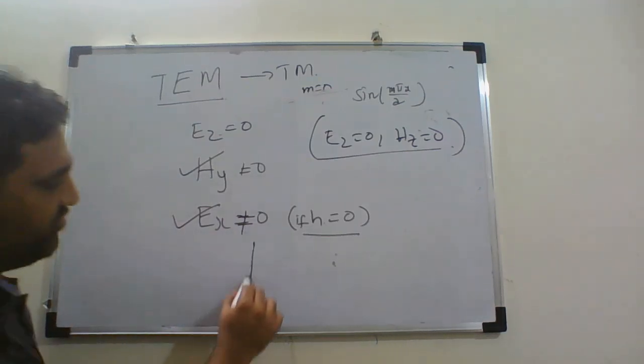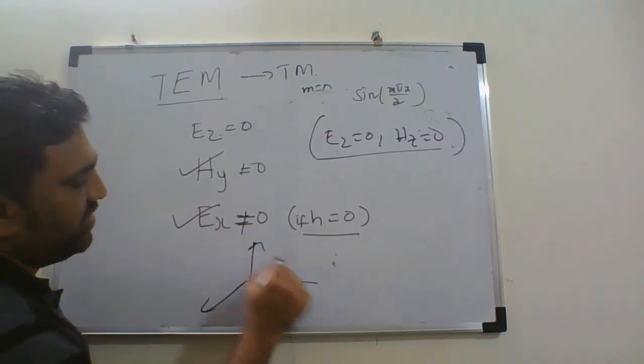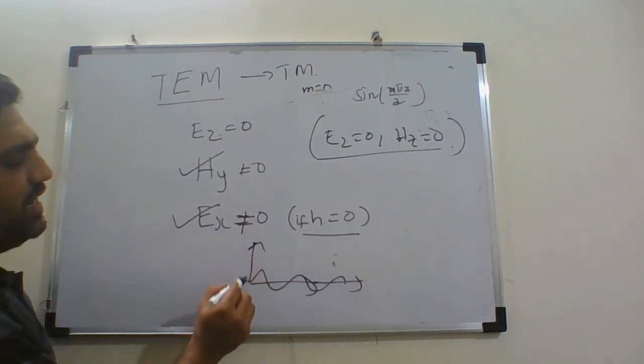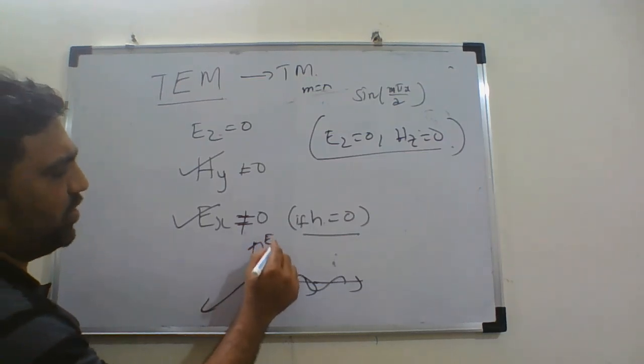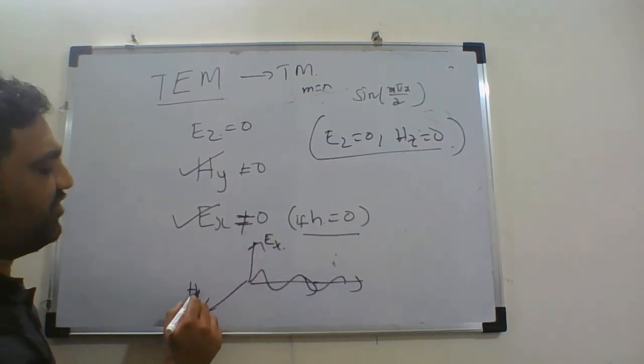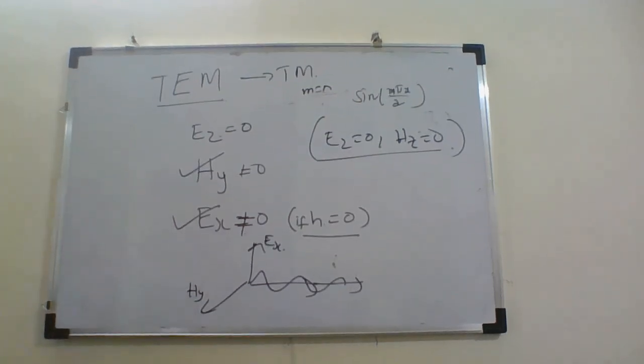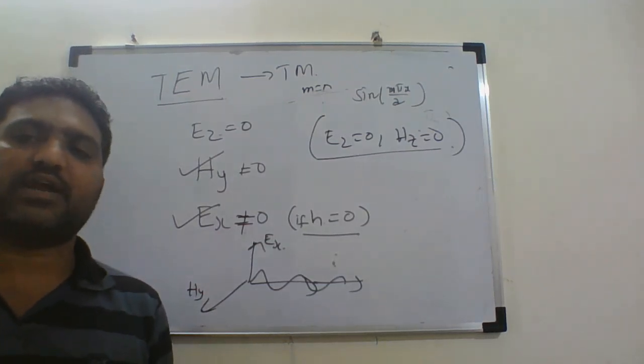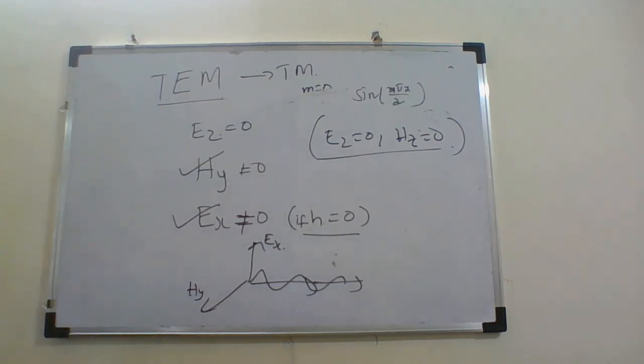So the wave will be like this. The wave propagation is along the z-axis, the electric field will have its component along the x-axis, and the magnetic field will have its component along the y-axis. This is how the wave propagates inside the waveguide.